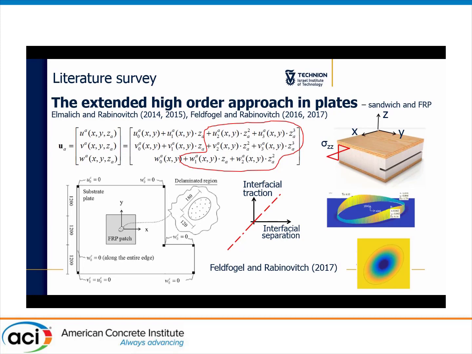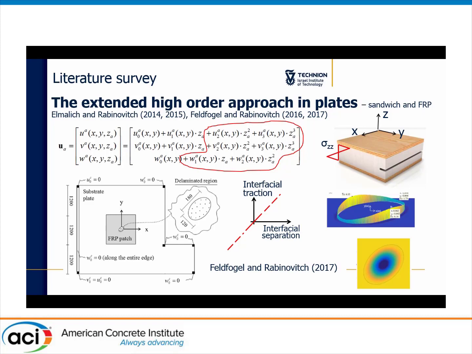This method has been used in the same paper cited before to model a concrete plate strengthened with a central FRP patch, and the FRP patch was assumed to have an elliptical inclined initial delaminated region. And the plate was subjected to a uniform thermal loading. In this model, the interfaces were assumed infinitely strong and linear. Okay?